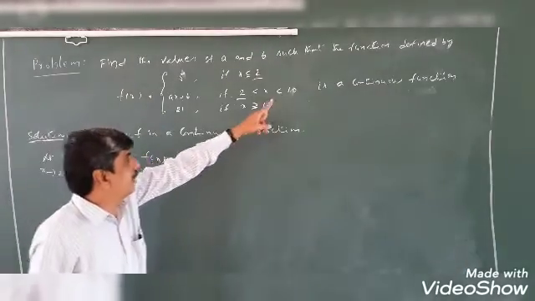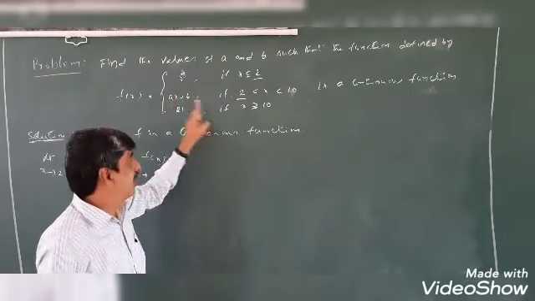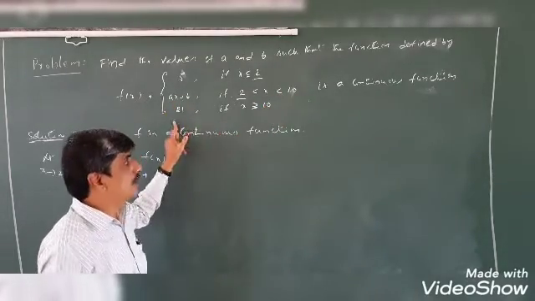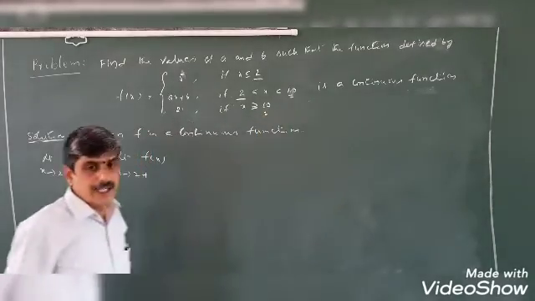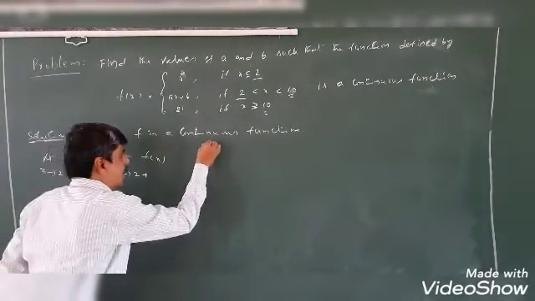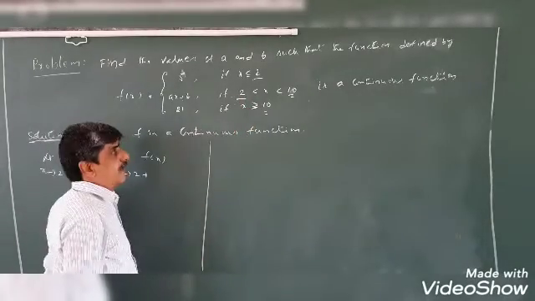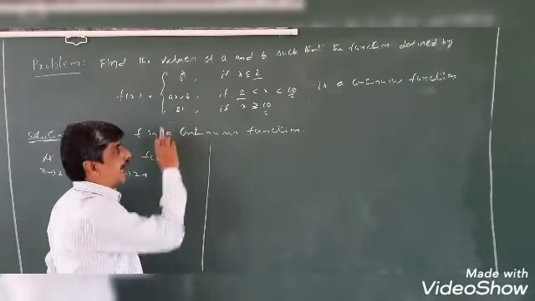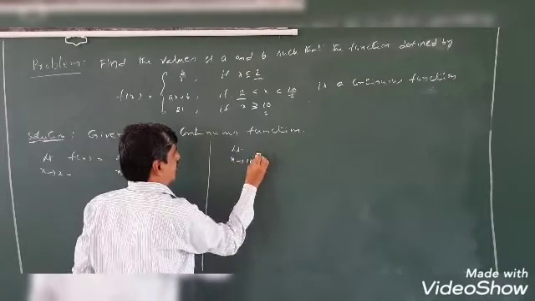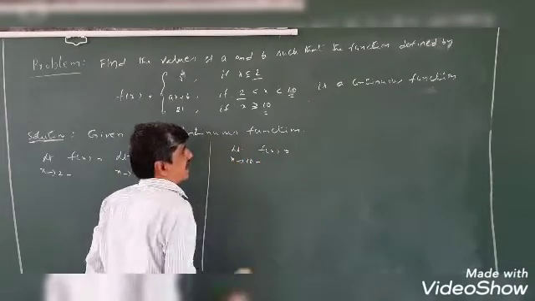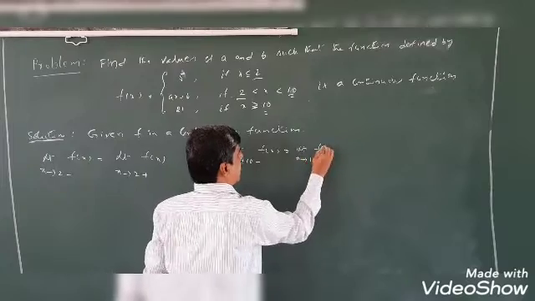Also another breaking point is x less than 10, where f of x is mentioned, and x greater than 10. So 10 is also another breaking point. At the other breaking point also we have to evaluate that left limit value equals right limit value. So limit x tends to 10 minus f of x is equal to limit x tends to 10 plus f of x.